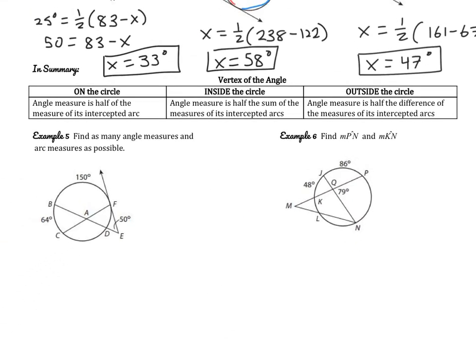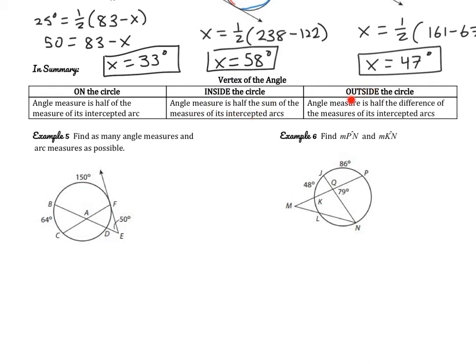Okay, so just to summarize all of the rules, the theorems that we've learned today, if you have two segments that intersect on the circle, then the angle measure is half the measure of the intercepted arc. If you have two segments that intersect inside the circle, like the very first theorem we learned, the angle measure is half the sum of the measure of the intercepted arcs.